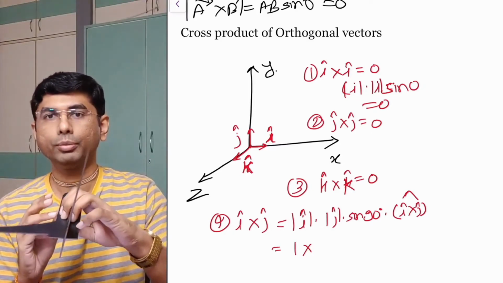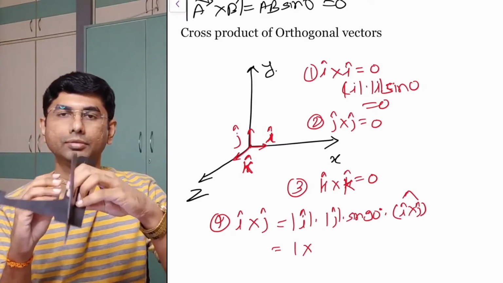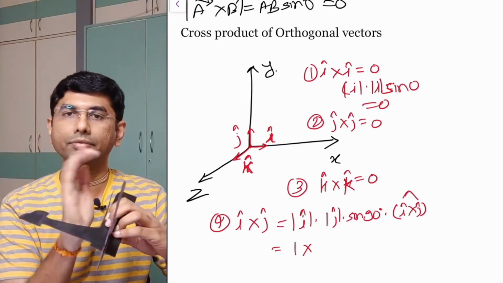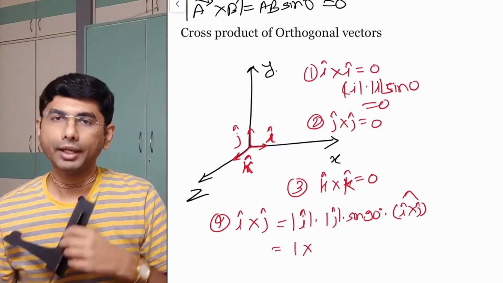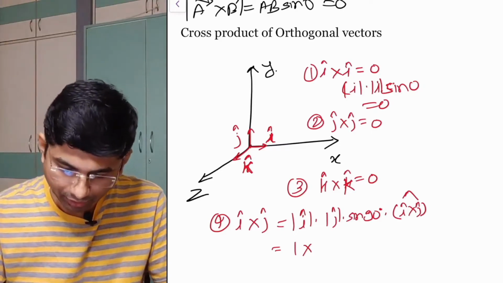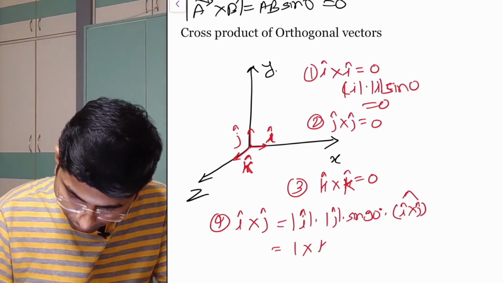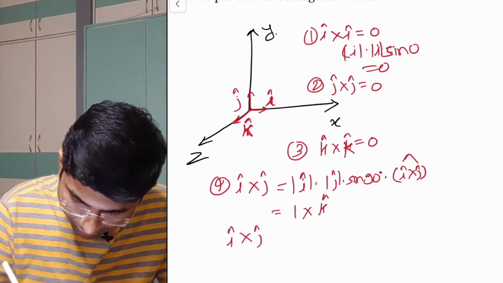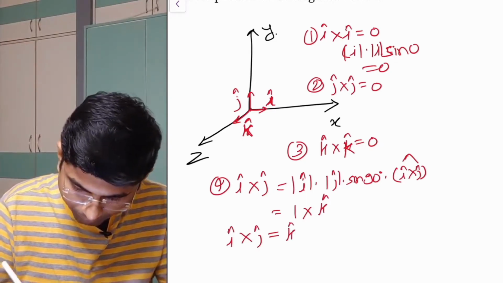Hopefully you are able to see this. From x vector to y vector, it's coming in the z direction. So i cross j is equal to the k vector.